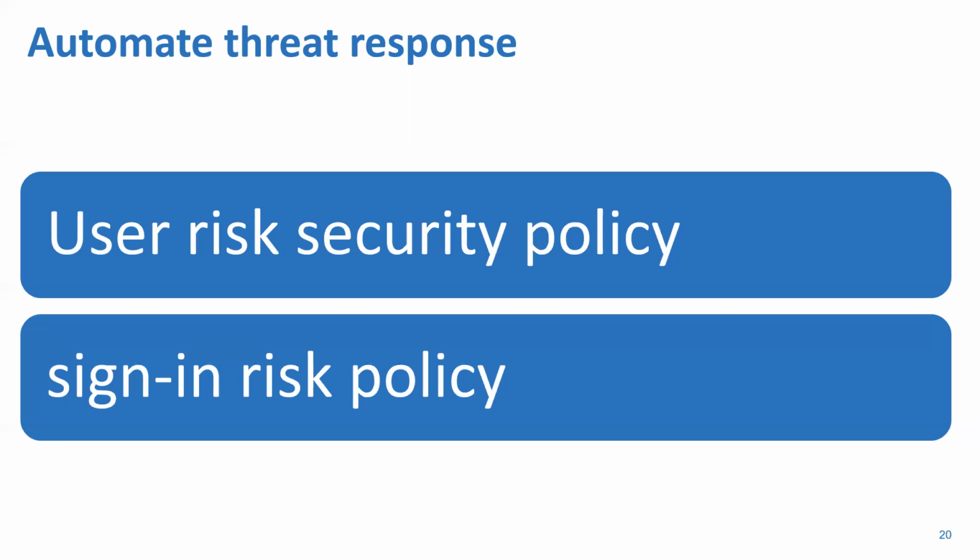You can say that, okay, if a sign-in risk is qualified as high risk, then make sure that the user, when he logs in the next time, resets his password or is prompted for multi-factor authentication or is blocked, his access is blocked, right? So you can define these conditional access policies in conjunction with the risk policies that you define, right?